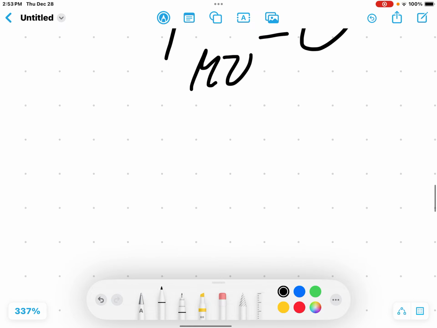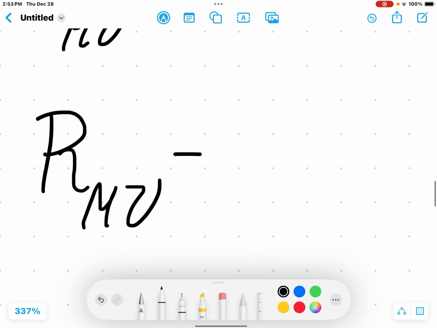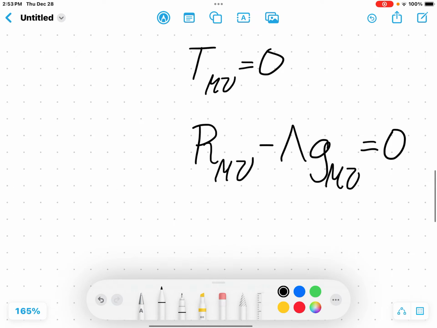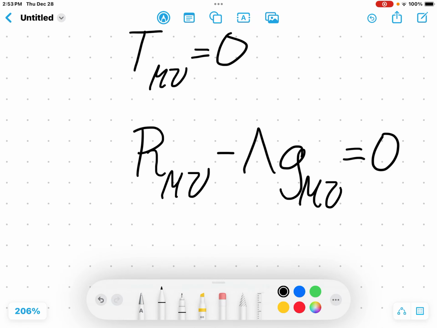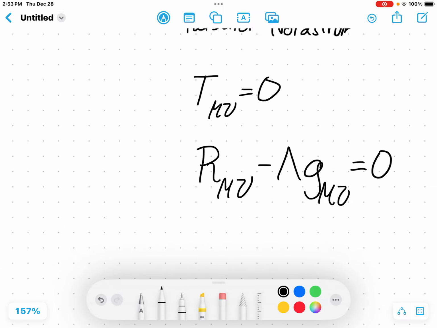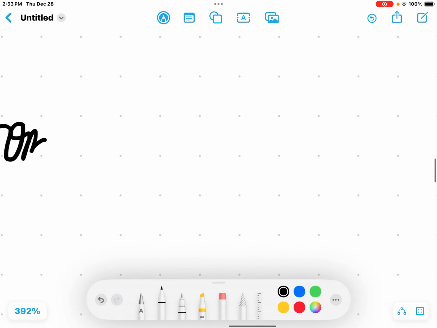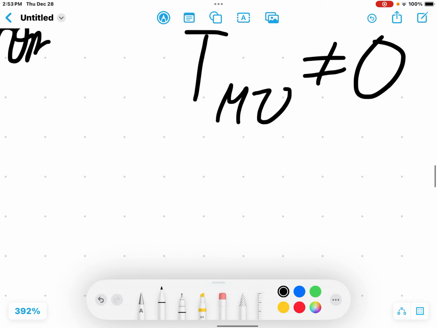My Einstein field equations would just be R mu nu minus lambda g mu nu equals 0, where R mu nu is another tensor that's derived from g mu nu and a bunch of Christoffel symbols, and lambda is my constant, or something like that. But the thing is, the Reissner-Nordström is actually a solution for when T mu nu is not 0.